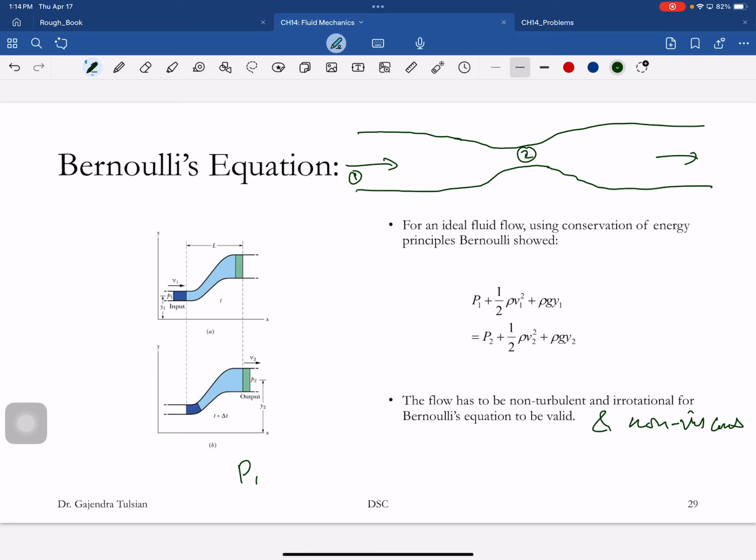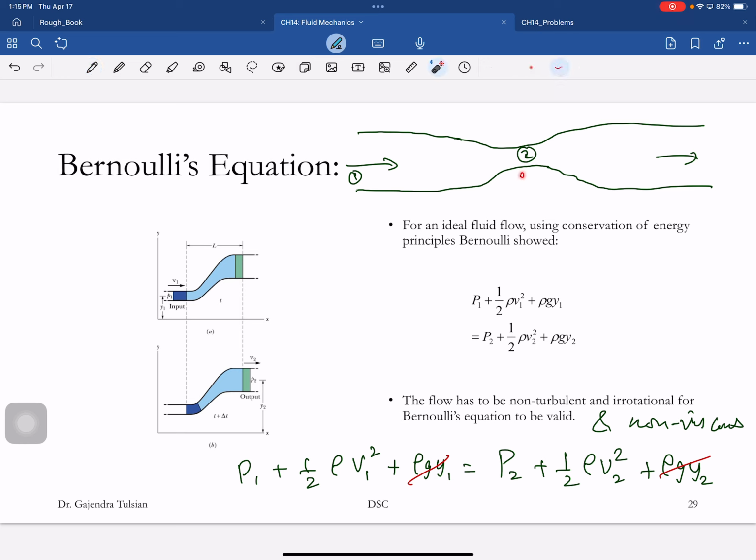P1 plus 1/2 rho V1 squared plus rho g y1 equals P2 plus 1/2 rho V2 squared plus rho g y2. The heights are the same, so this term cancels. You just saw that at point 2 the velocity is greater.